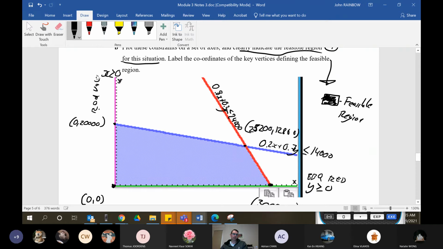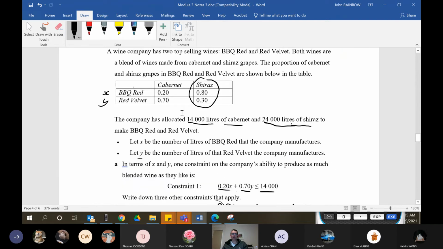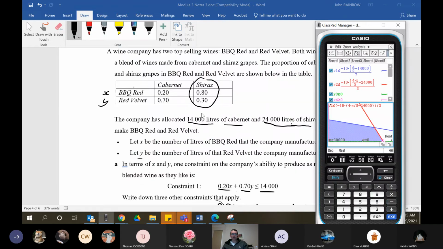So how does this work? This corner point just says, I make no barbecue red, but I make 20,000 red velvet. Can that work? If you make no barbecue red, but you make 20,000 red velvet, what is going to be your first limit? Let's get on a calculator. You've got 14,000 litres of Cabernet, and all you're doing is making red velvet.